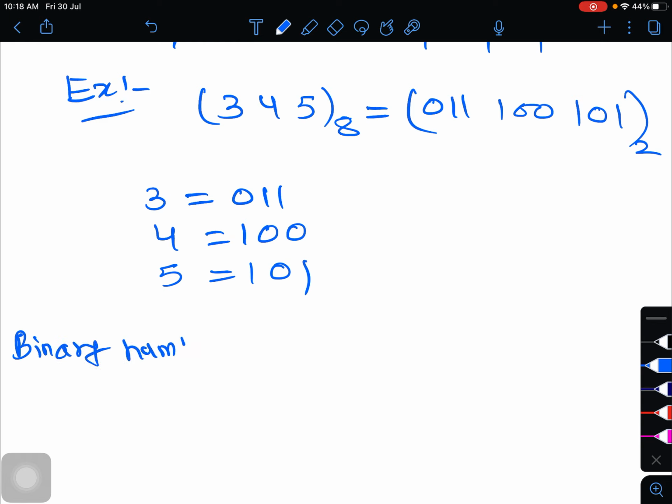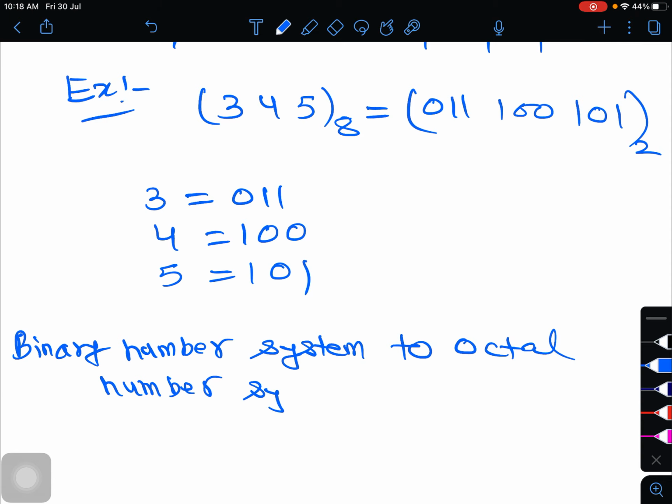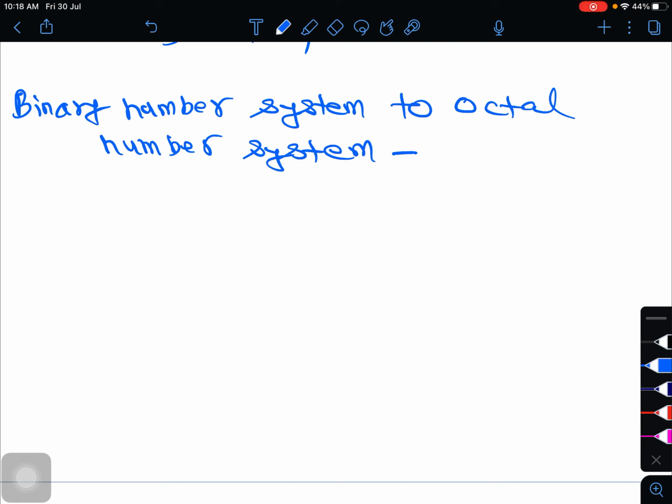So let us take one example, 1 1 1 0 1 1 0 1. Suppose this is given to us and we want to convert it from binary to octal.